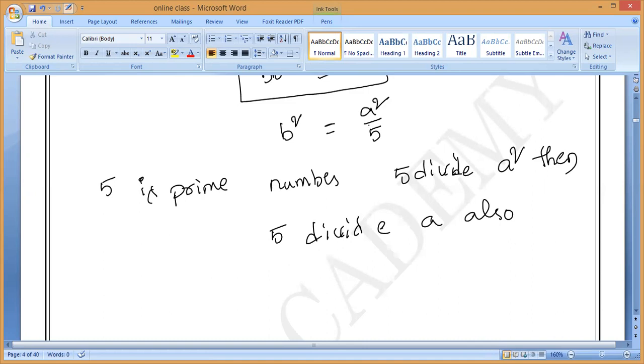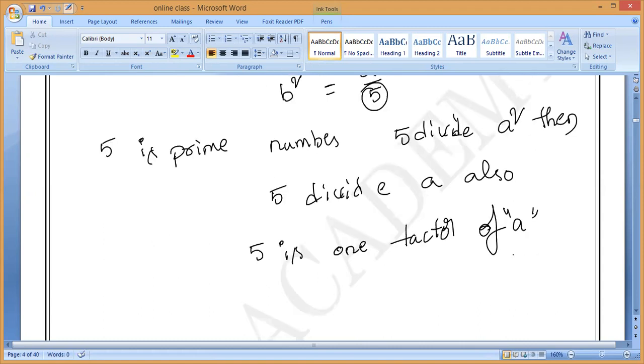So 5 is one factor of which one? 5 is one factor of A. So A equals 5 into some number. Let that number be M, where M is any positive integer.